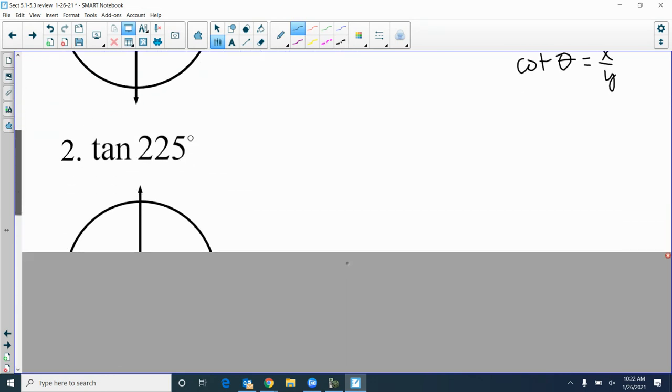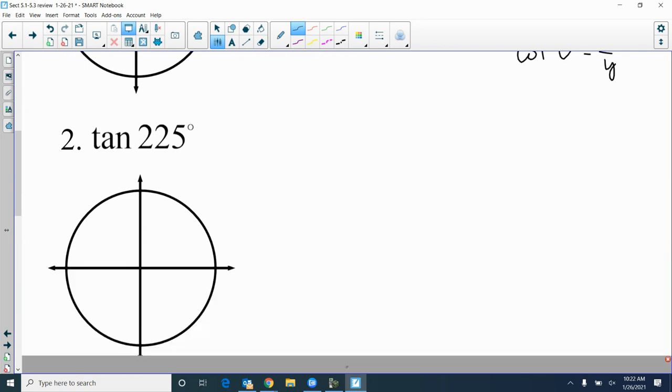What's going to be the tangent of 225? Now, until I get comfortable, I'm going to draw it out.